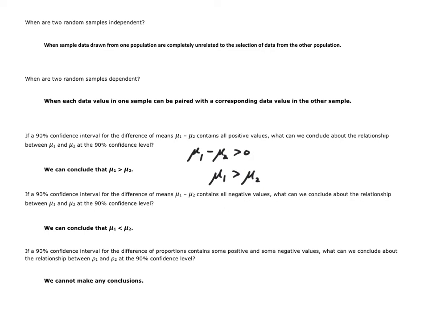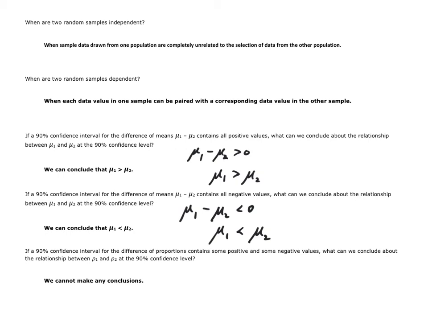You can set it up just like an algebra problem. If you run into a case where your confidence interval contains all negatives, then that is the same as claiming group 1's population average is always smaller than the population average of group 2.